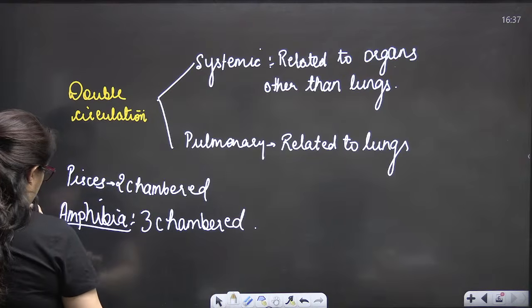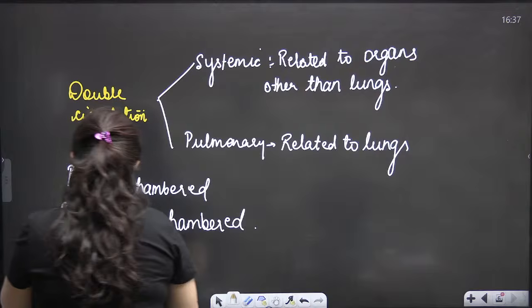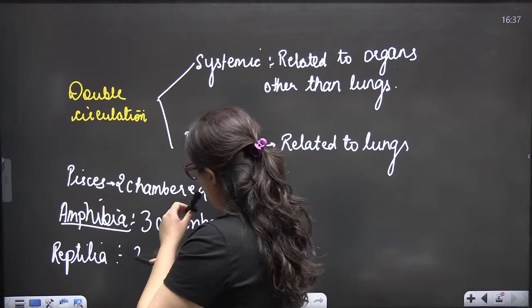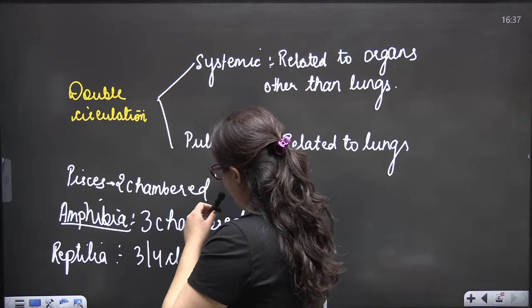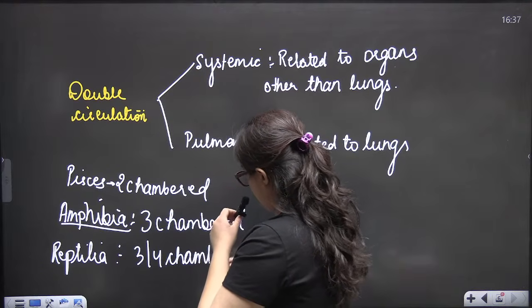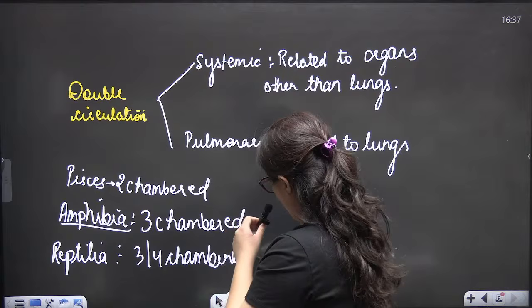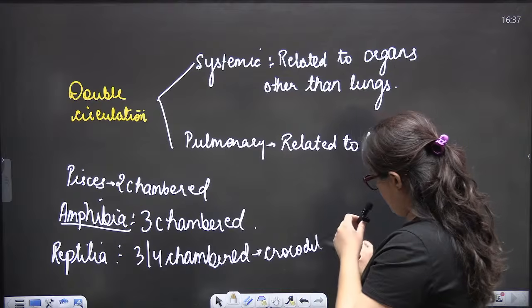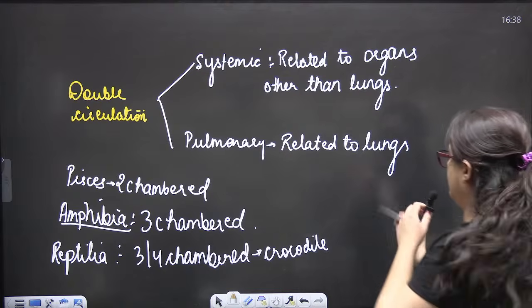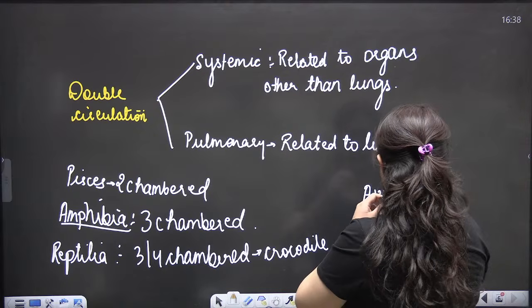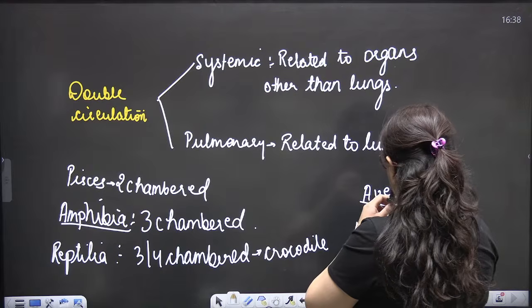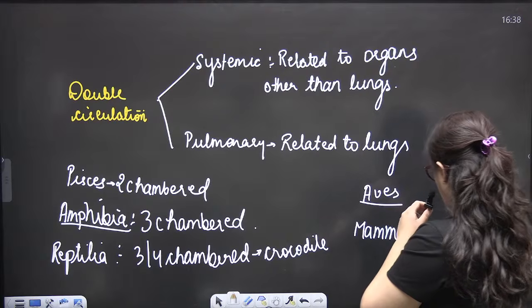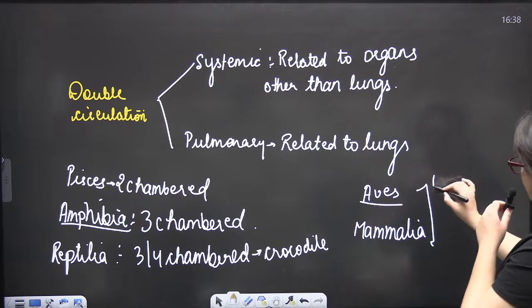Reptilia, partially three chambered, and in crocodile three or four chambered. And in Aves and Mammalia, completely four chambered.